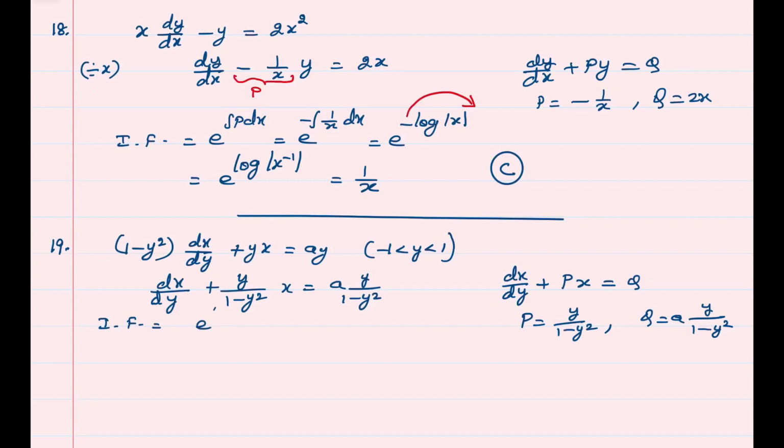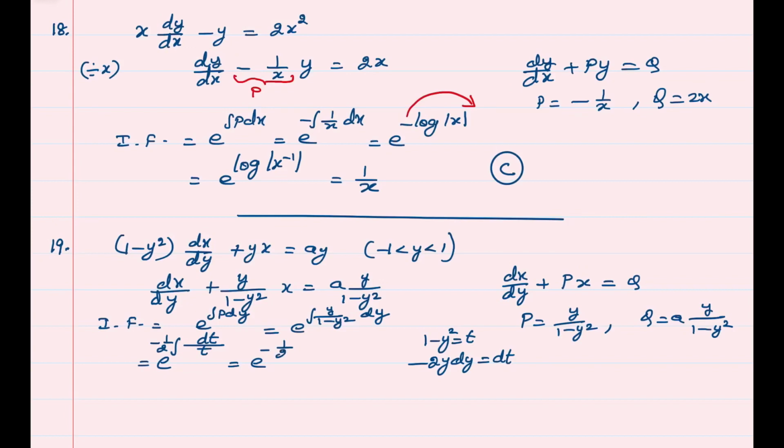We have to find the integrating factor, which is e to the power integral P dy, e to the power integral y divided by 1 minus y squared dy. We will substitute 1 minus y squared as t, minus 2y dy becomes dt, e to the power integral dt divided by minus 2 divided by the denominator t, e to the power minus half log of the absolute value of t.